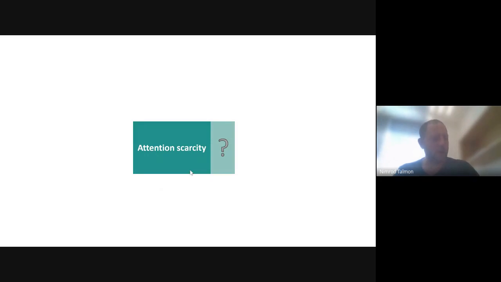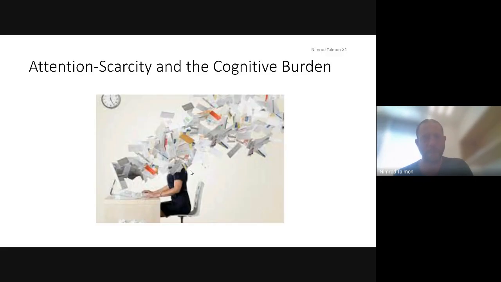Okay, and now the fourth and last aspect that differentiates the current state of the art of aggregation methods and studies in social choice from the real world is attention scarcity. What I mean is that you are an agent in a community that makes many decisions over time.